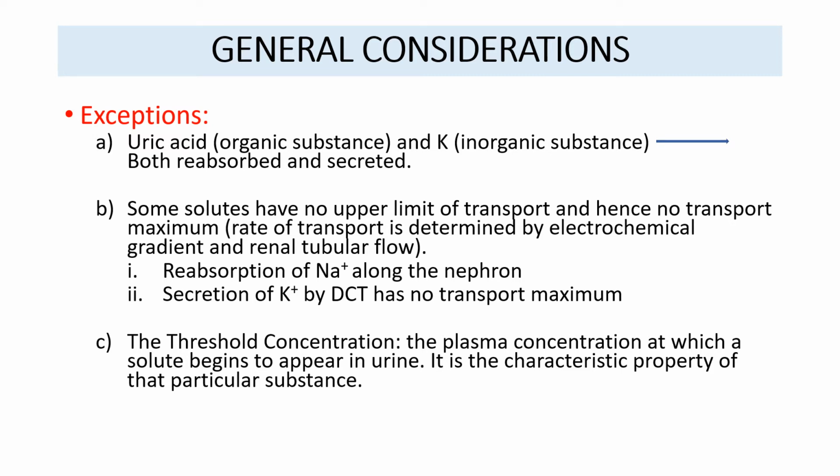Reabsorption of sodium along the nephron or secretion of potassium by DCT has no transport maximum. Now, what is the threshold concentration? The plasma concentration at which a solute begins to appear in urine. It is a characteristic property of that particular substance. Okay.